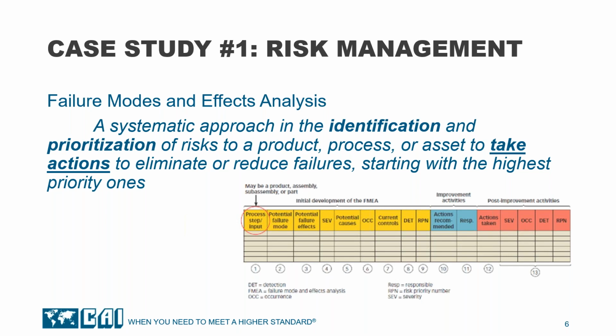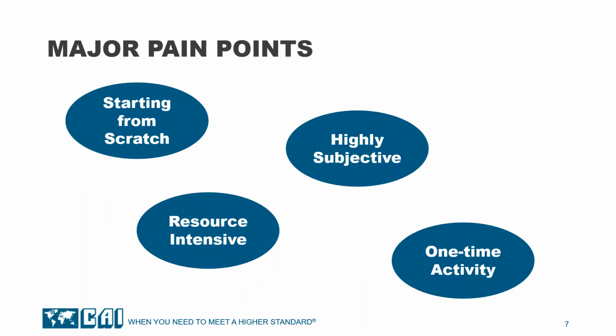So when we engage with this particular client, I'm going to go through the case study, the problem statement in just a minute. We identified a couple of major pain points as we went through. Number one, that guy shows up with an empty spreadsheet and says, well, let's do an FMEA, right? We're starting from scratch. Two, FMEAs require a lot of cross-functional people in a room to do these correctly.